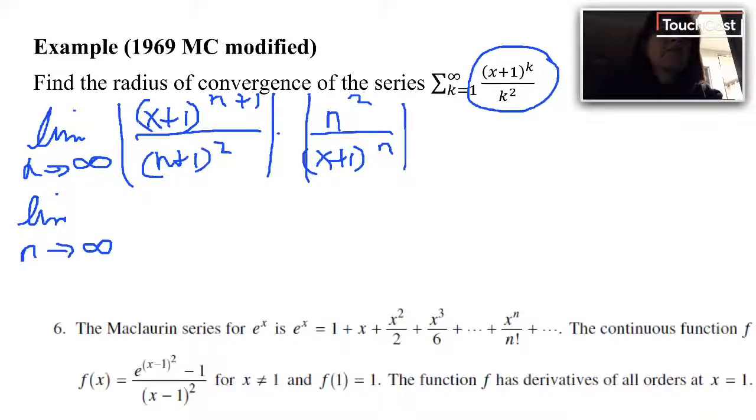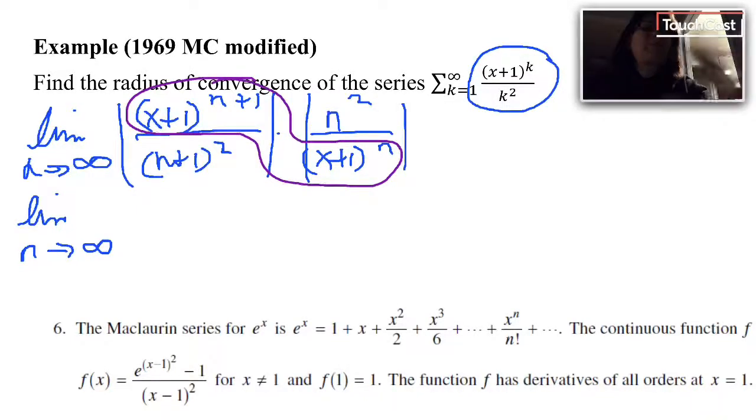Let's see, some things I have to figure out. I'm going to have to compare. I'll change colors just to organize my thinking. If I consider what happens to the x plus 1 terms, that's x plus 1 to the n plus 1th, and x in the numerator, and x plus 1 to the n, which means I'm going to have one extra factor of x plus 1 in the numerator.